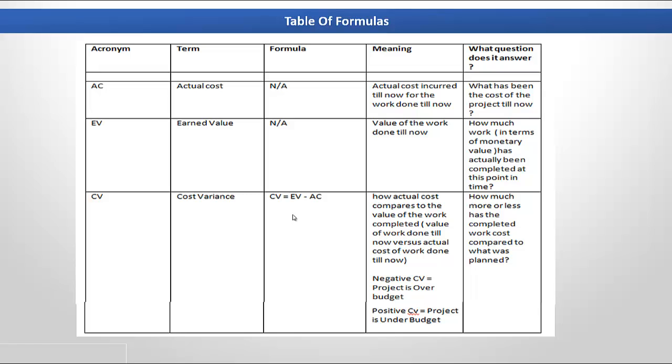And this would mean that the value of the cost variance is positive and that the project is under budget. What this would mean is that the project is going within the budget and that the costs have not exceeded the budget.